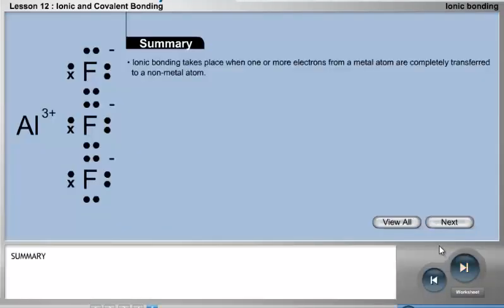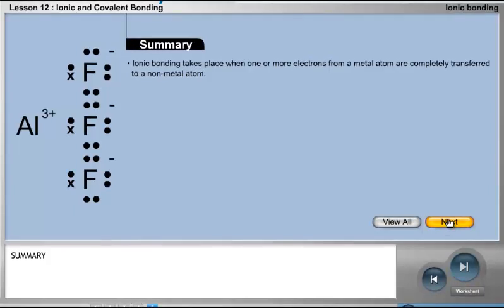Summary: Ionic bonding takes place when 1 or more electrons from a metal atom are completely transferred to a non-metal atom. The 2 atoms combining to form an ionic bond have a large difference in electronegativity.